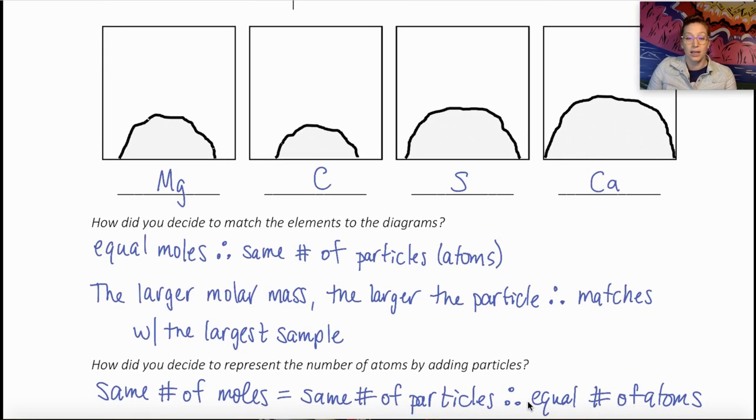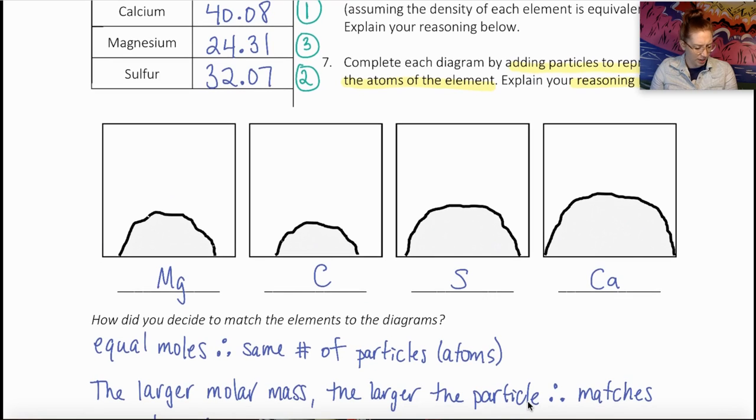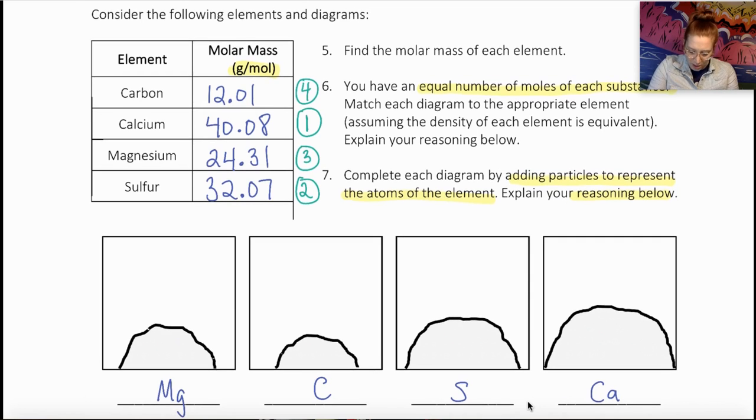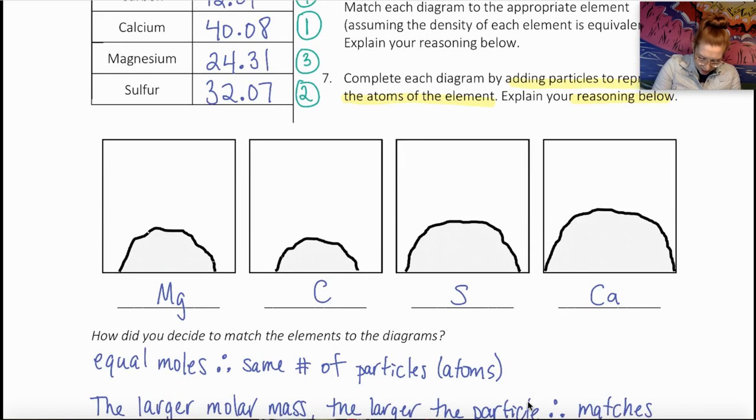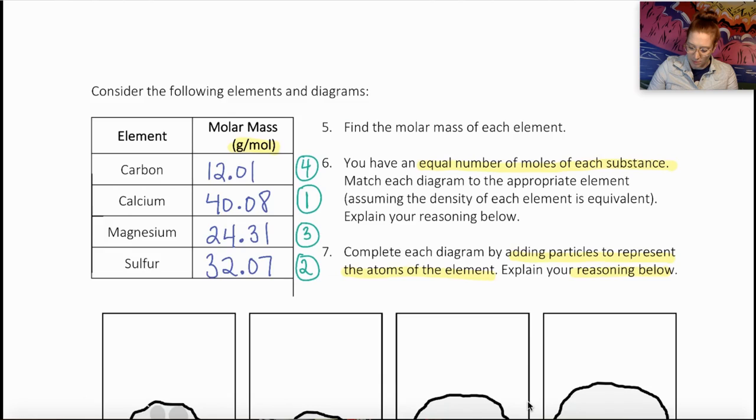Again, it doesn't really matter how many you choose to put in here. Just be consistent. And again, we want to make the size of our atoms match up to those molar masses. I'm going to use 5 particles just because it doesn't really matter. I already used magnesium and calcium, right? Magnesium was gray before, so I'm going to do gray just so I'm consistent. I also used calcium, didn't I?